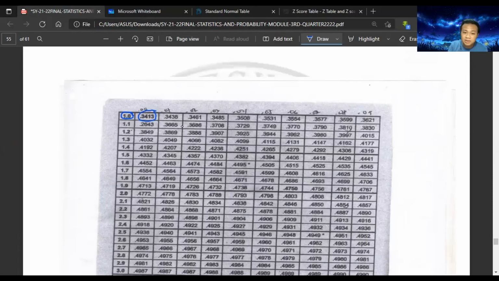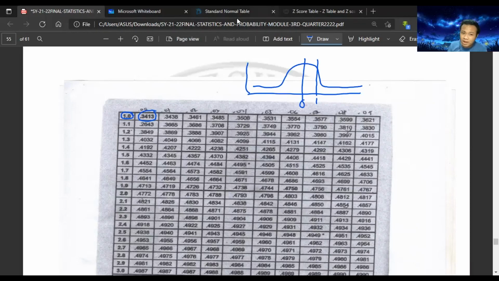Why is that? Because the 0.5 has already been subtracted, and the value at 0 in this table is also 0. So the 1 here already has the 0.5 subtracted from the area 0.8413. So 0.3413 is what appears in this table.